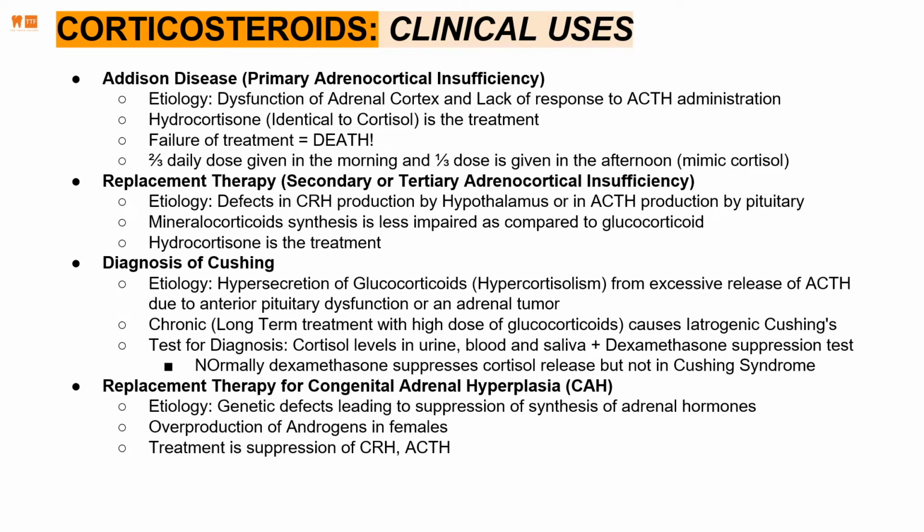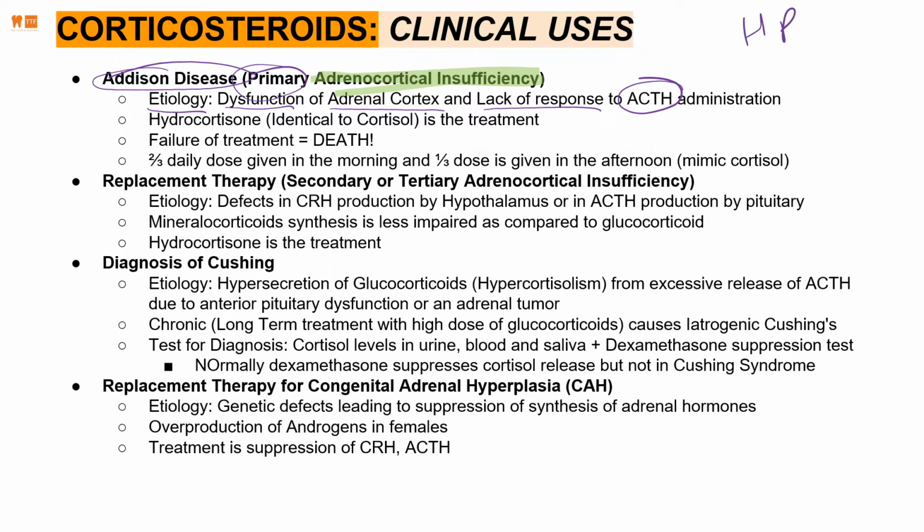Now, other clinical uses. I said that there's more to this, and we're trying to expand on the adrenal insufficiency area. Okay. So, Addison's disease, very important. What causes Addison's disease? Primary adrenocortical insufficiency. Well, it's the actual dysfunction of the adrenal cortex, therefore lack of response to ACTH.